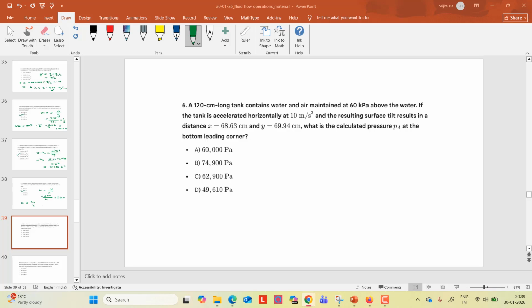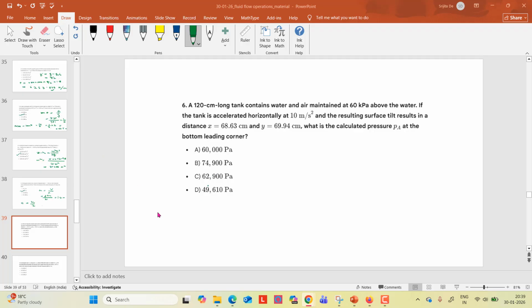So, for the accelerated height portion, it will be summation of all three, right?